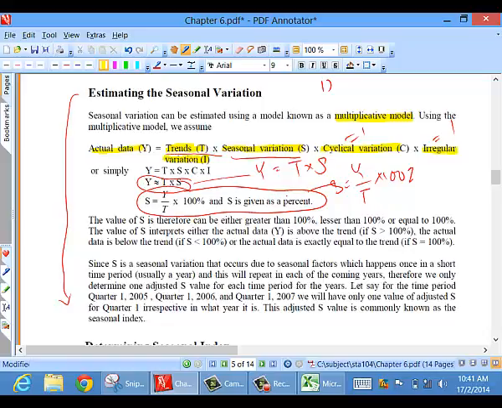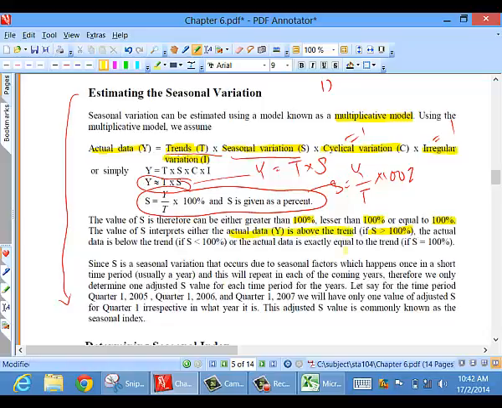Boleh faham? So the S value, if S is greater than 100% or less than 100% or equal to 100%: if S is more than 100%, then the actual data is above the trend.